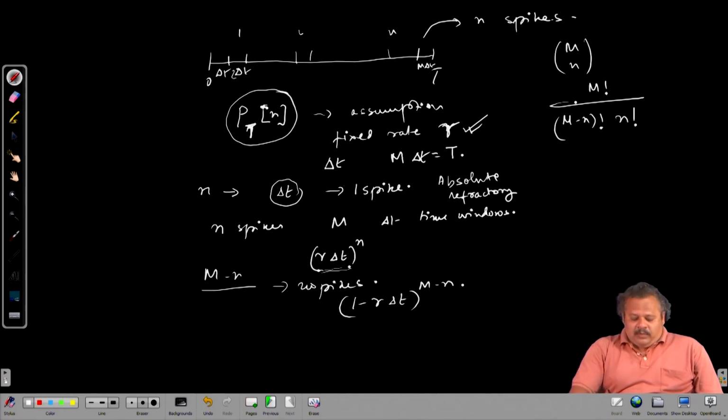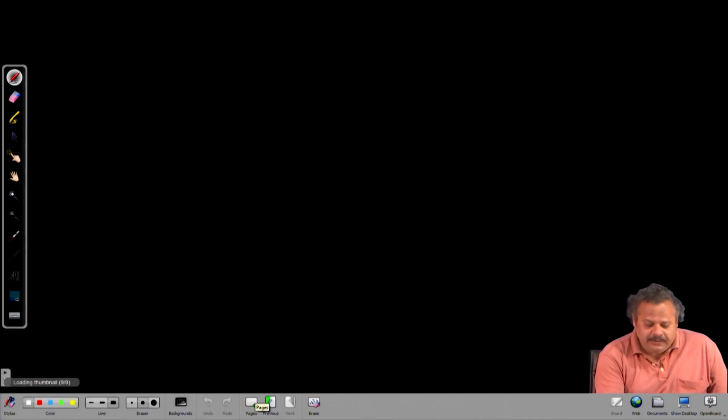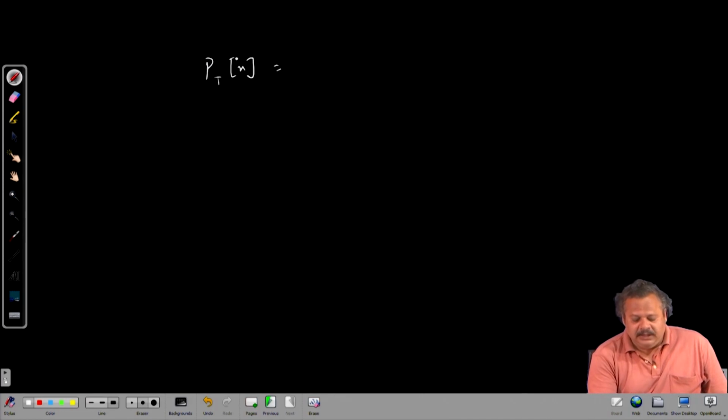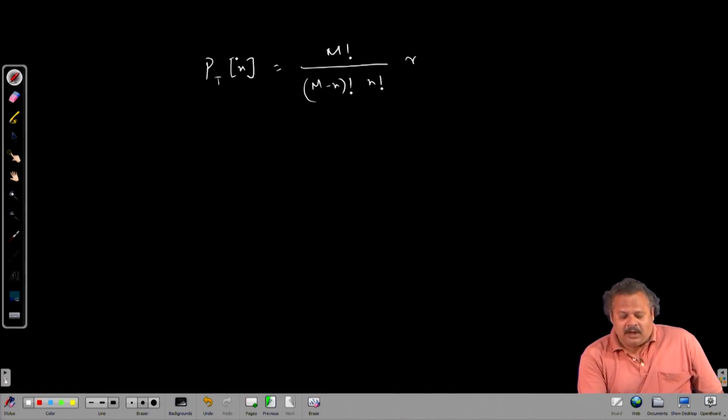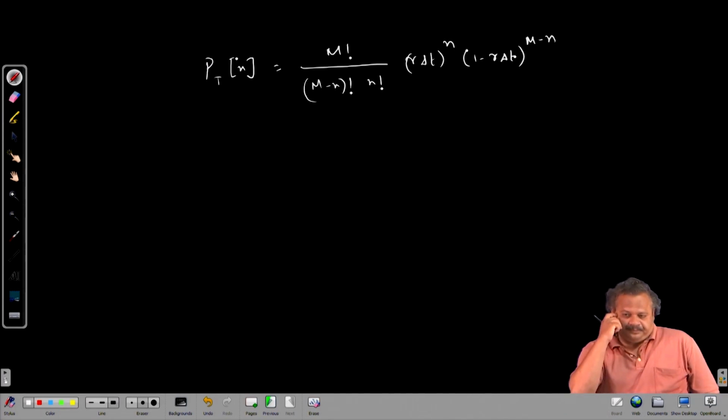So, we can write our P_T(N) as simply m factorial divided by m minus n factorial times (r delta t) to the power n times (1 minus r delta t) to the power m minus n.